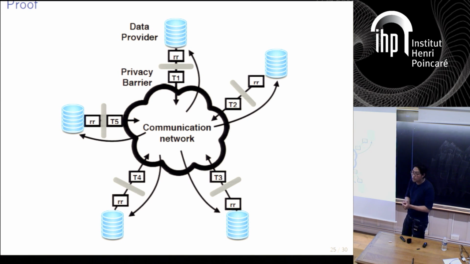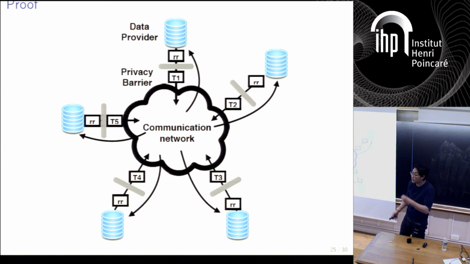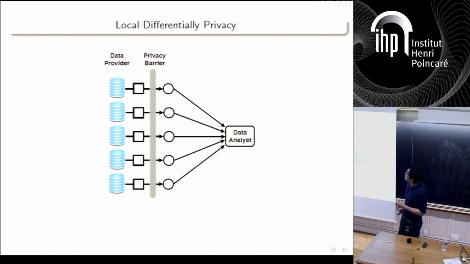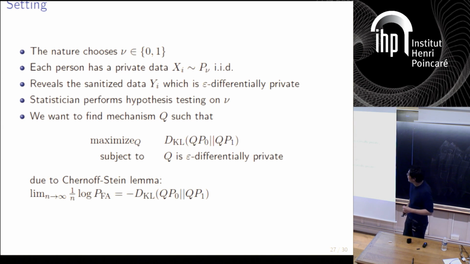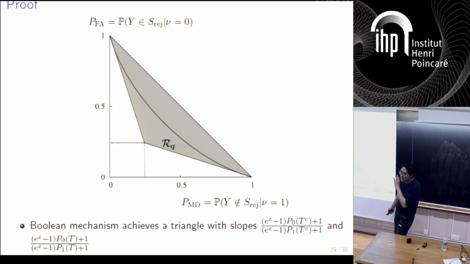The randomized response, which is non-interactive, is exactly optimal. Anything can be simulated by the receiver. And one more thing, in the local differential privacy setting, we can use this to, again, show particular results using a similar proof technique, but I'm not going to go into the details, and I'll be happy to talk more.